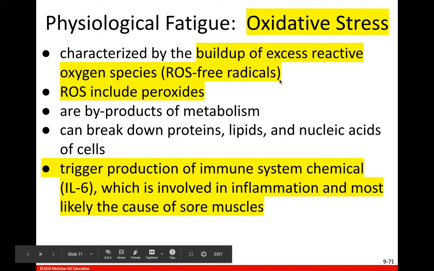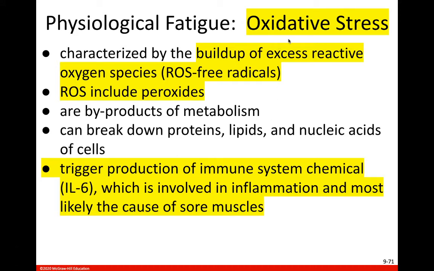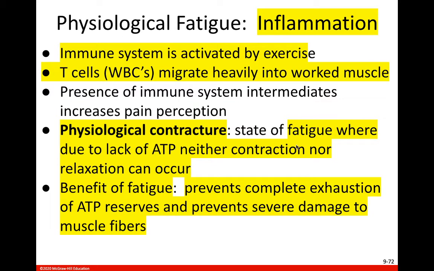So again, when we have this oxidative stress, we have these reactive oxygen species being produced, we have our immune system producing this chemical IL-6, which is believed to cause the inflammation and the sore muscles as a result of the muscle fatigue.